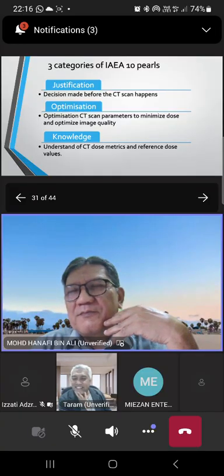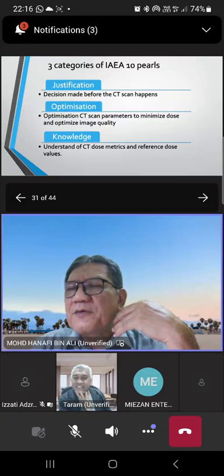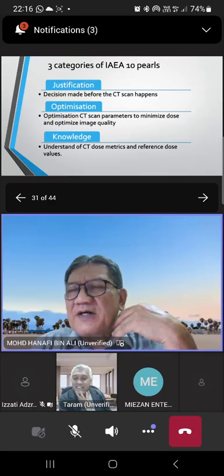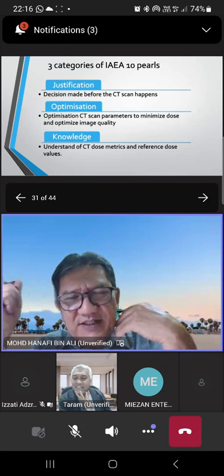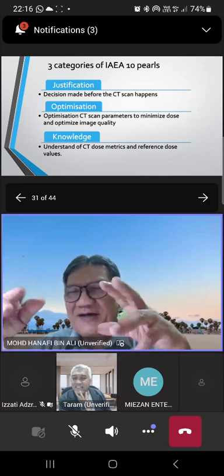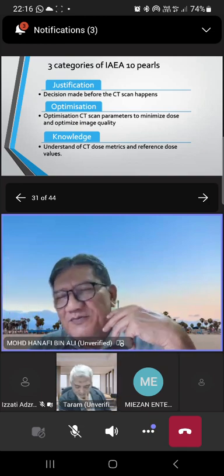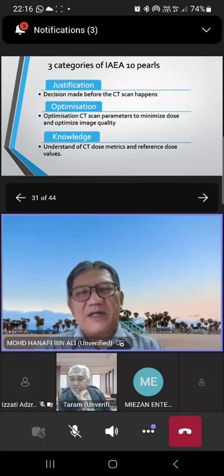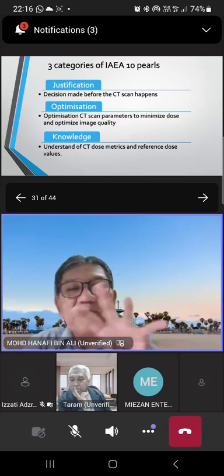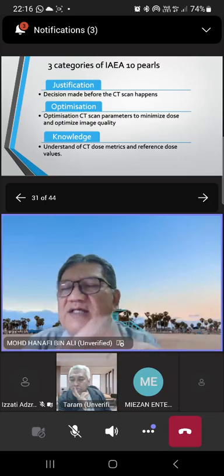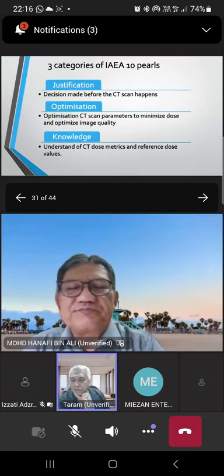Actually, my Prof. Eng is my co-supervisor, and I have another supervisor from Sydney University. So I got two supervisors from Sydney University. I also communicate with him, and he did a lot of radiation work, but not focused on CT scan. Somebody else focuses on that.